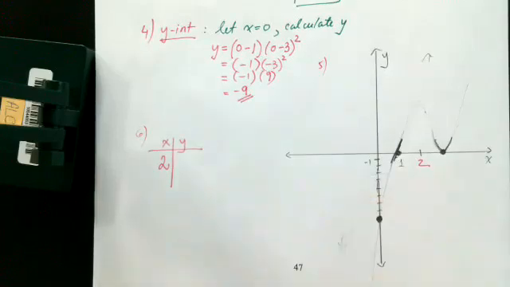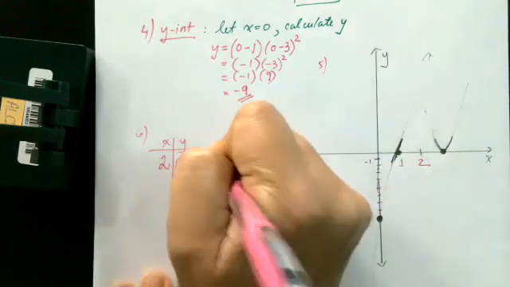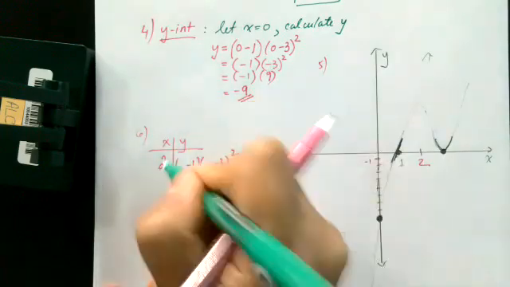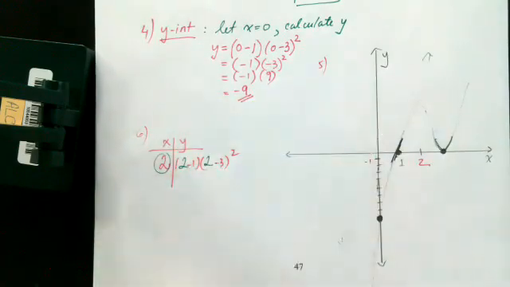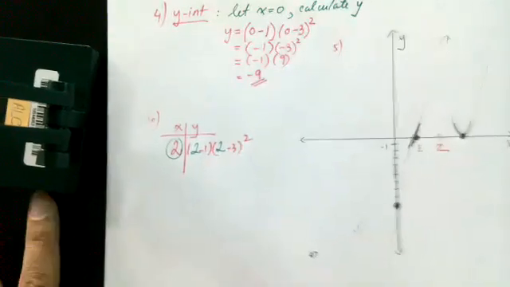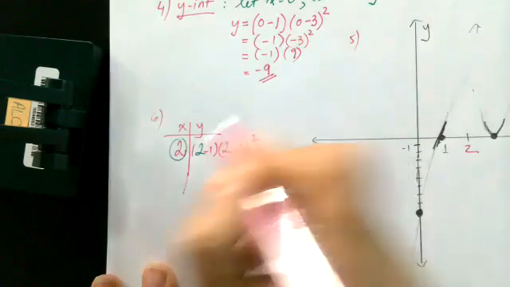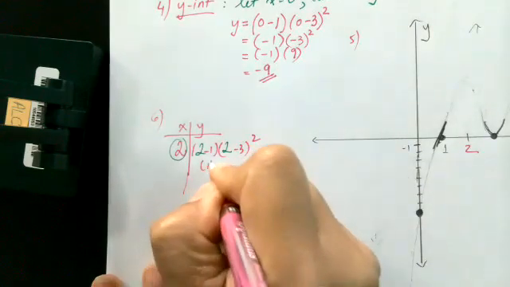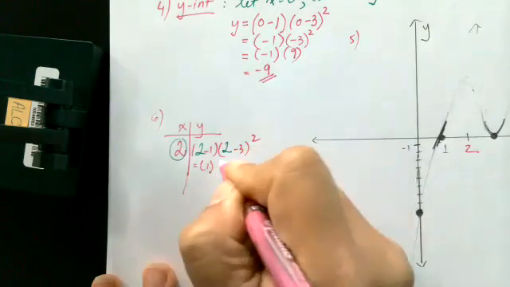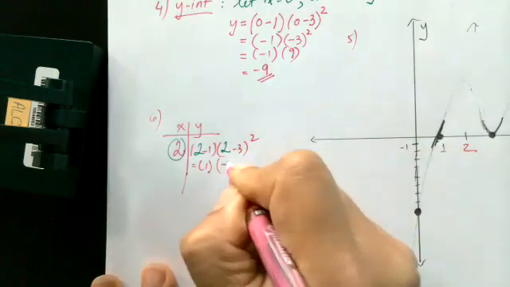So then plug it in. Plug 2 everywhere you see x in your original equation and calculate it. So 2 minus 1 is 1. 2 minus 3 is -1.